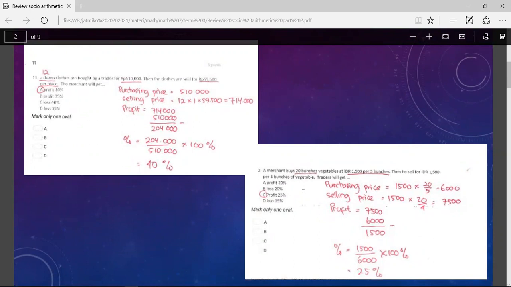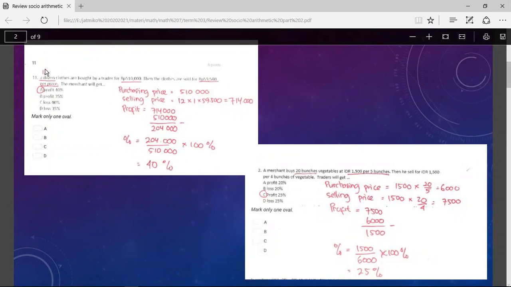So here we have a dozen clothes bought by a trader for 510,000. So the purchasing price is 510,000. A dozen means 12 pieces, and they are sold for 59,500 per piece.